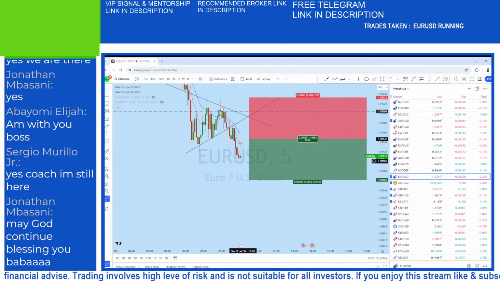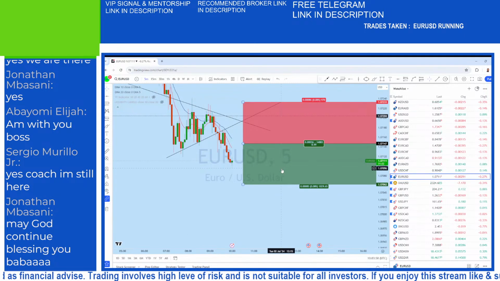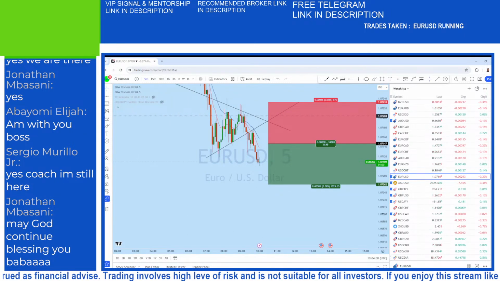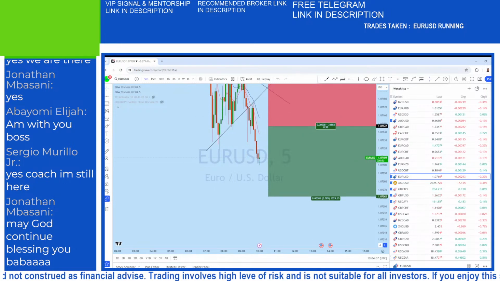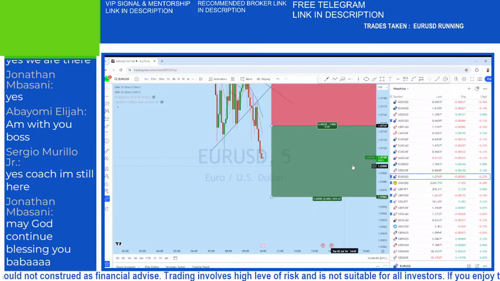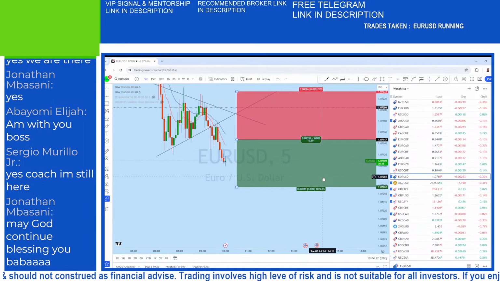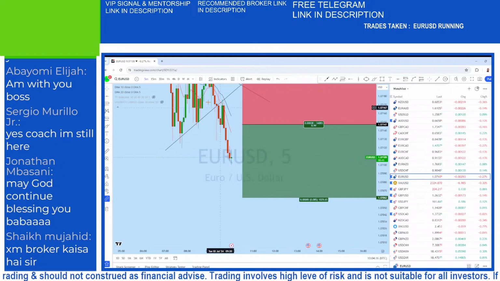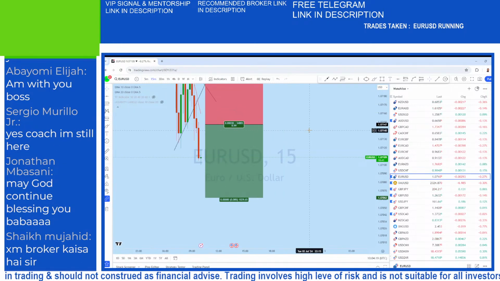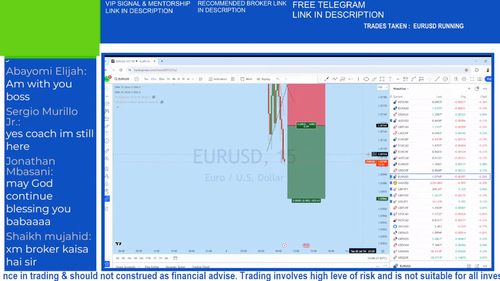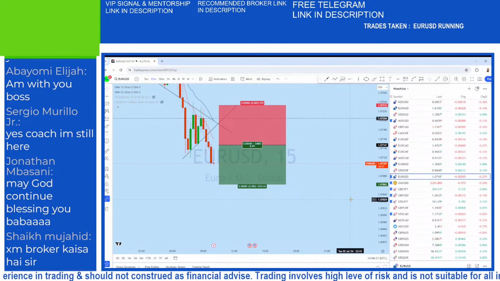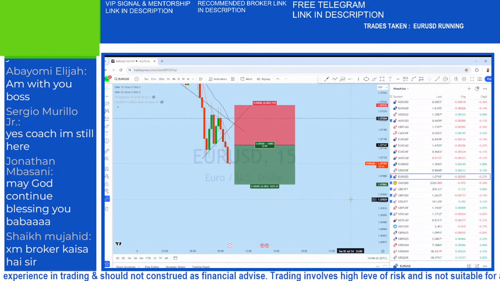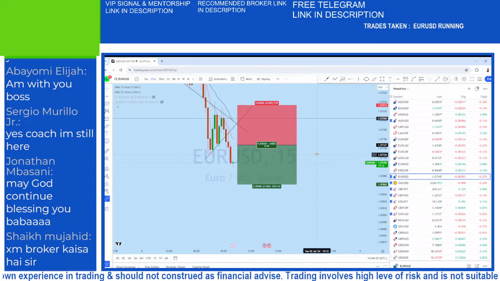A pretty important rejection here. So wanting to see a bit more downside, traders, we are almost there. And pretty important level, significant liquidity zone.